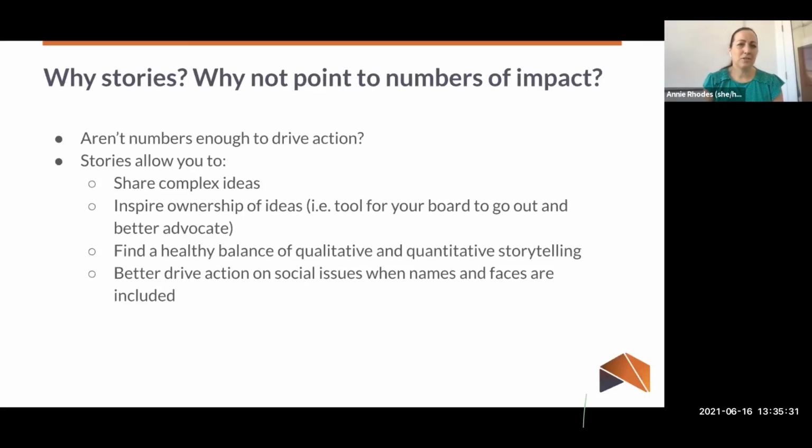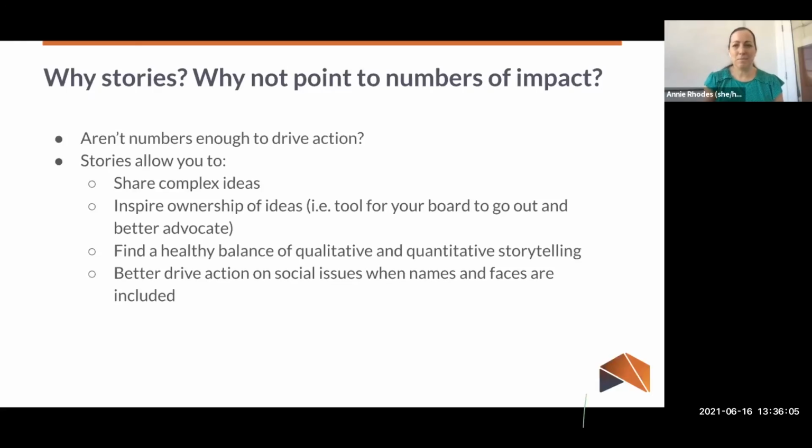Are numbers enough to drive action? So yes, but it's the stories that help you share some of the complexity. So the example I gave with the Ford Foundation grant, the stories were what we could tell: the young women who are being trained as leaders and then going back to their community and training other young women as leaders. That was a story we could tell within the year of that grant.